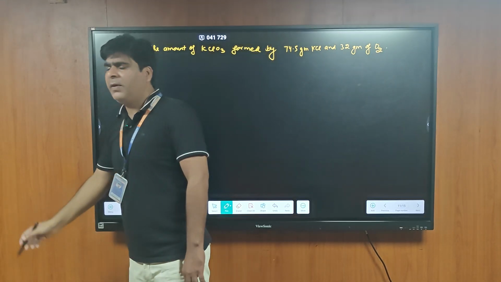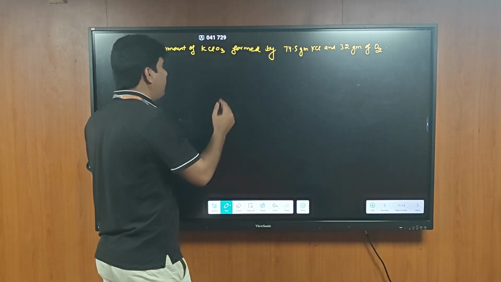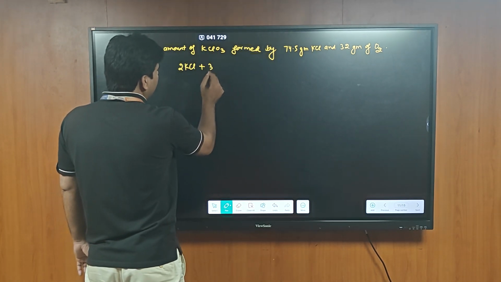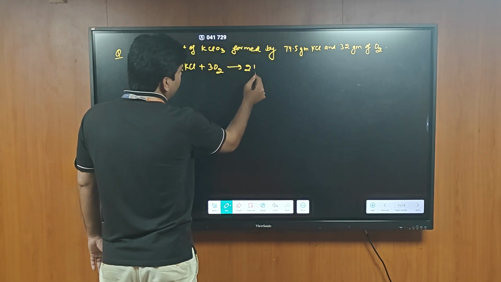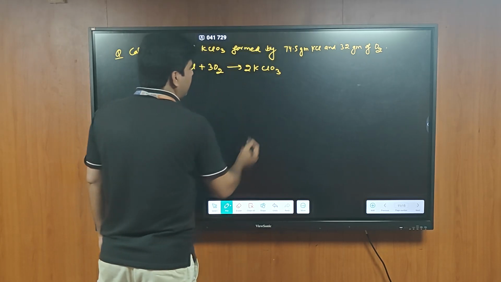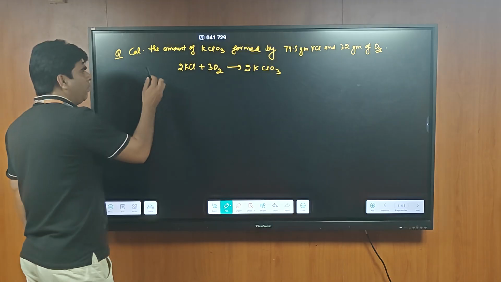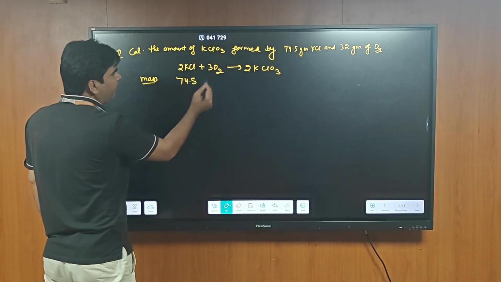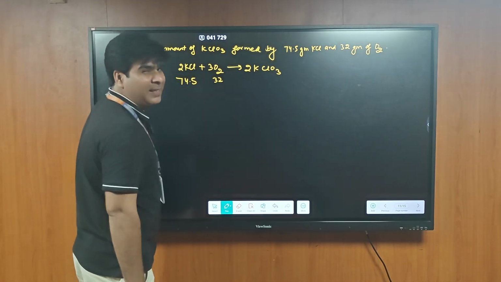Again we'll have to first write the reaction. What is this reaction? 2KCl plus 3O2 giving 2KClO3. Now the mass given of KCl is 74.5 and the mass given of oxygen is 32.